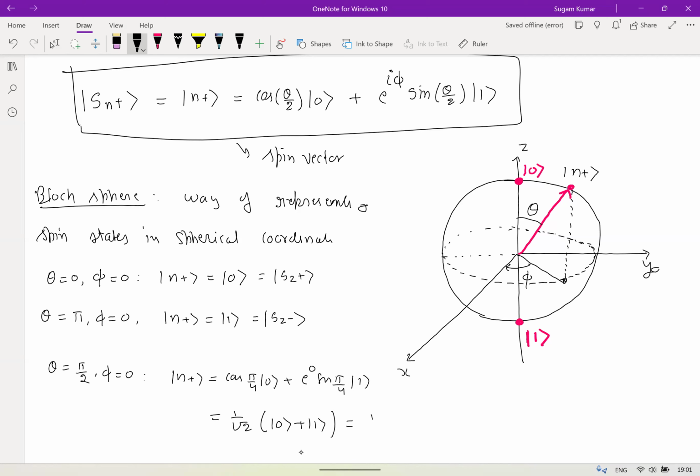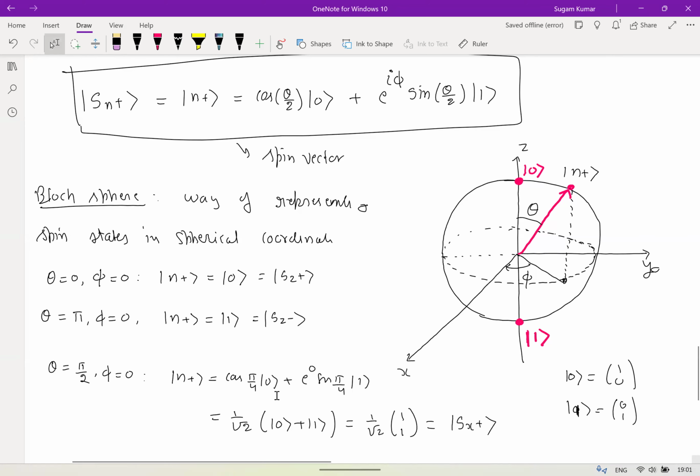In the matrix form, this is nothing but 1 by root 2 and 1 1, because |0> is nothing but 1 0 and |1> is nothing but 0 1. In the matrix form, what will it become? 1 1. This is nothing but |Sx plus>.